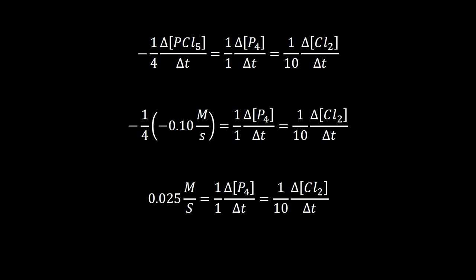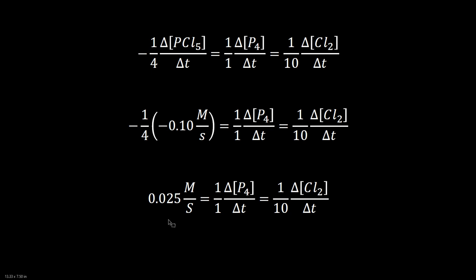Well, when we're given that value, just go to your expression and replace the rate of change that we were given with its value. So instead of delta PCl5 over delta T, we'll replace that with -0.10 molars per second. Therefore, that times -1/4 gives us 0.025 molars per second.